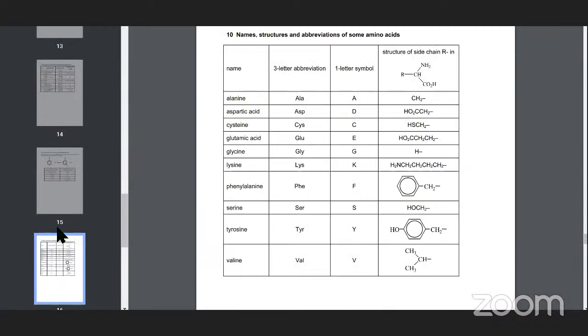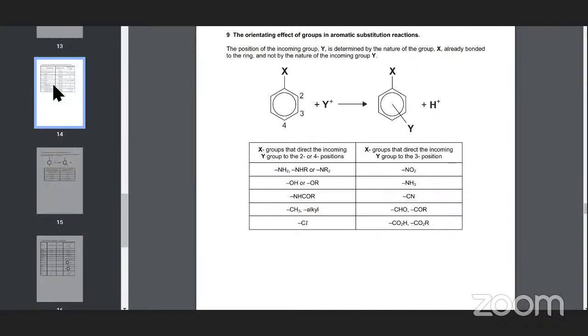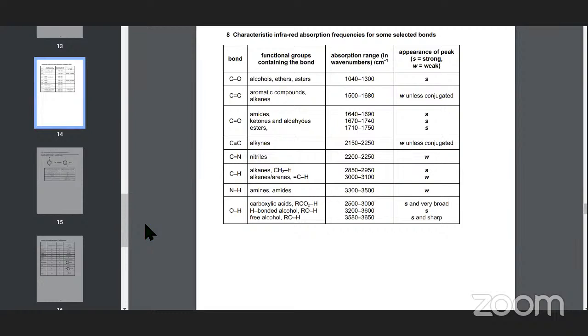Remember the background of infrared spectrum: bonds are not rigid, the bonds vibrate and they absorb frequencies. They vibrate because of frequencies in the infrared region. So I think this is the infrared spectrum, right?